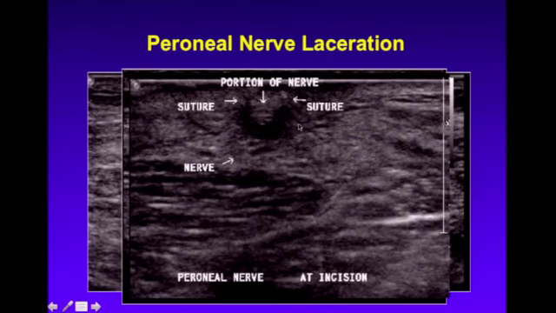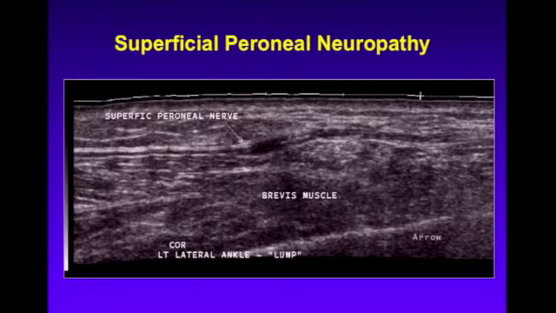If you MRI'd this patient, you would most likely not be able to see this pathology, because the resolution is so much greater with the ultrasound, and you certainly wouldn't be able to see the suture material that we could actually identify as bright little echoes. And so it really shows you the value of the high resolution of ultrasound here. Here's somebody who had a superficial peroneal nerve neuropathy where they had numbness and tingling in their foot, and they had a little bit of muscle that was herniating up and pushing on the nerve, causing it to swell more proximally.